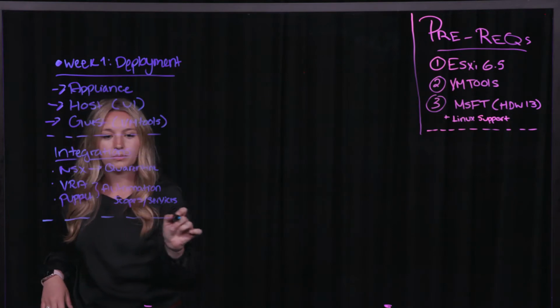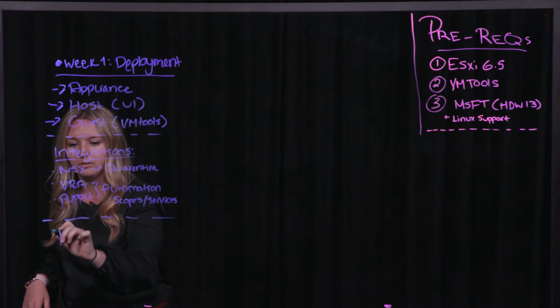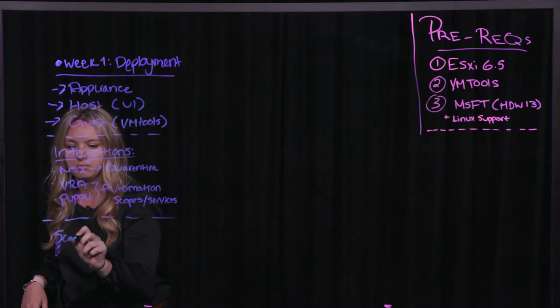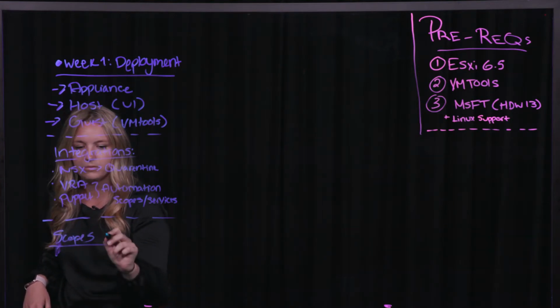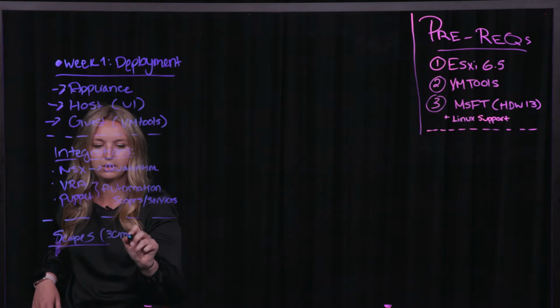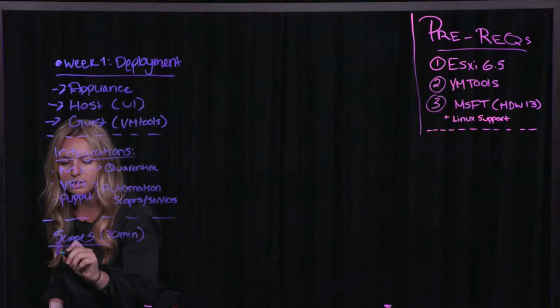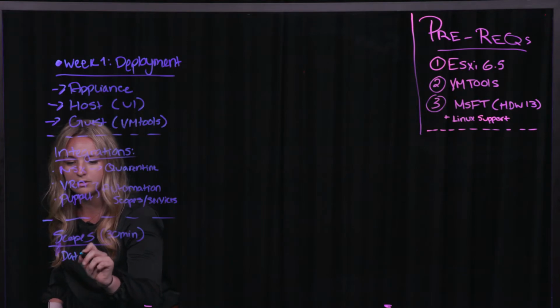So speaking of scopes, next would be the deployment of your scopes. This will take about 30 minutes depending on how many scopes you have. But essentially what a scope is a data center application.